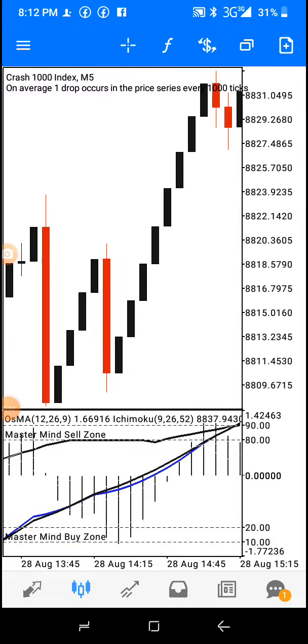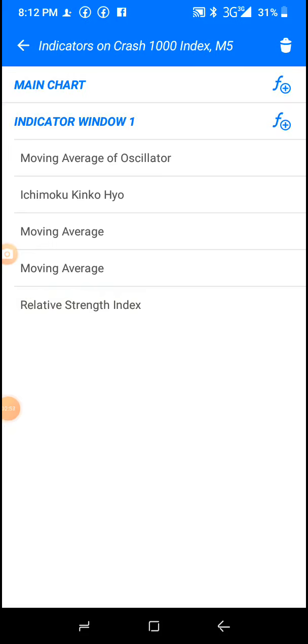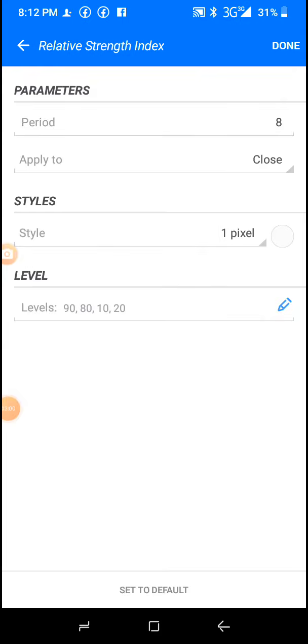And the last indicator we have here is the relative strength index. For the relative strength index, we have period 8, apply to close, style is 1 pixel, and then we have a set of levels just like we have it here.